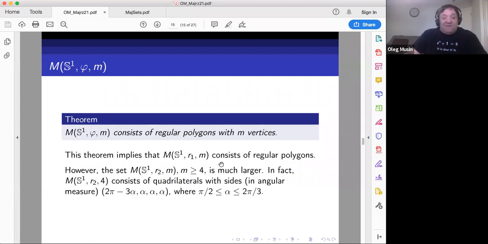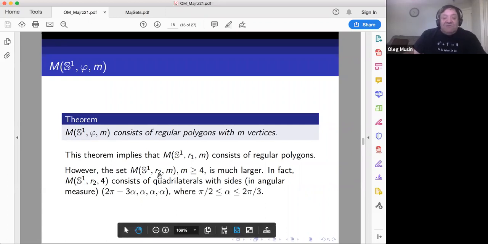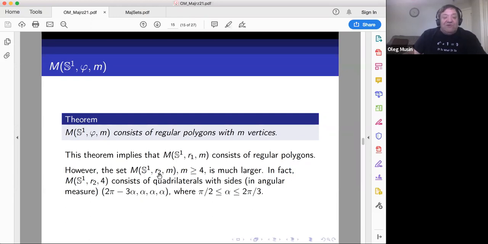But if you consider squared distance, like R2, the answer is not so obvious. It's a complicated problem, by the way. For all m, I don't know a solution, but I know a solution only for the case of 4 points.